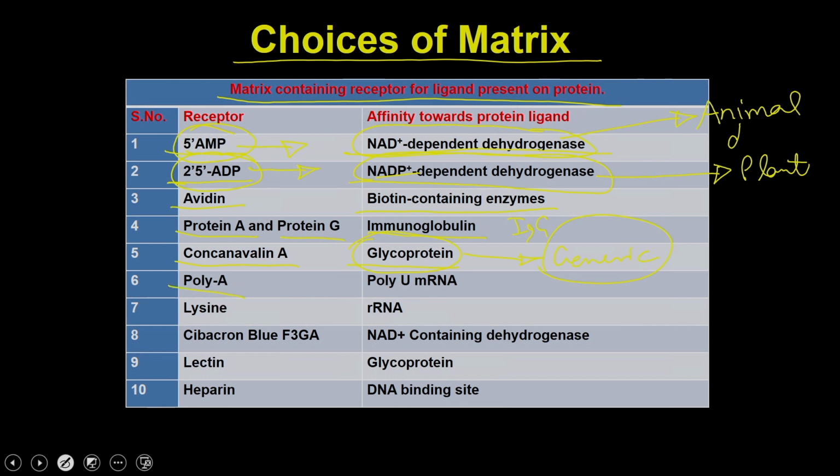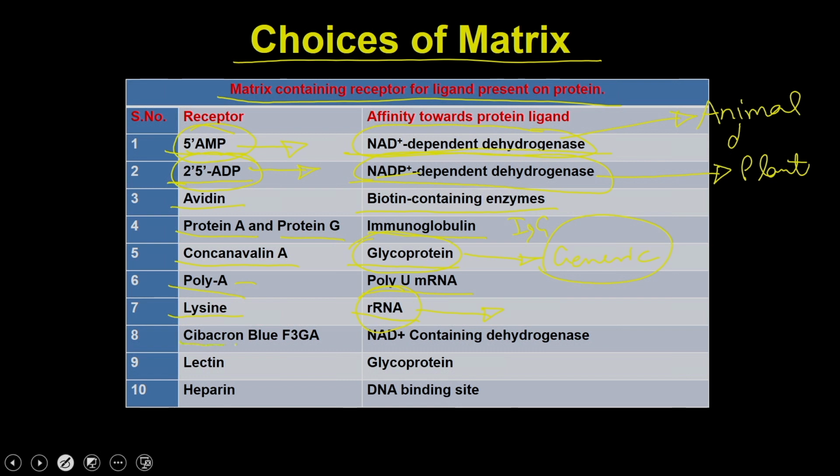Then you have the poly A sepharose, which has affinity against the poly U messenger RNA. Then you have the lysine, which has affinity for the ribosomal RNA. That is again generic, it is going to let you purify all the ribosomal RNA present in the cell.